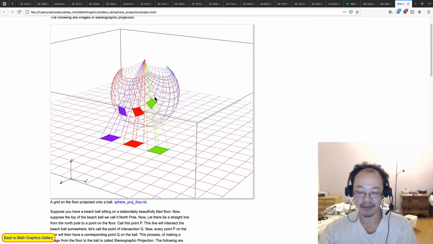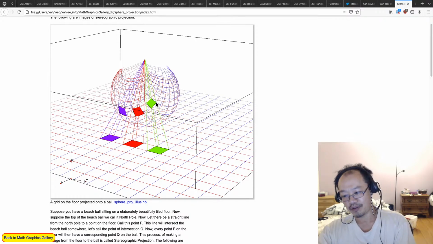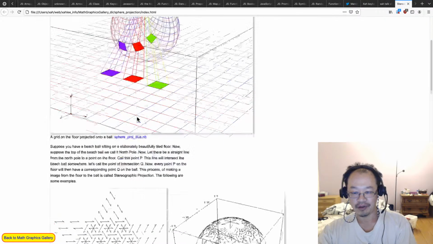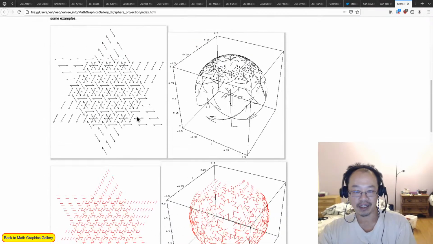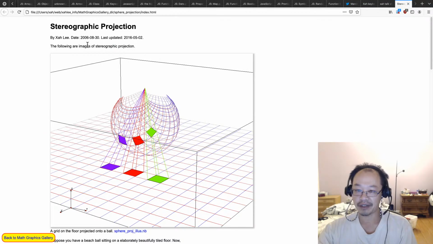Any point on the sphere corresponds to one point on the floor. So this way, if you have an image, let's say a photo of yourself or a picture, anything, you can project it onto the sphere, and vice versa. If you have a ball, a beach ball, whatever pattern on the ball, you can project it onto the floor. So this is a stereographic projection.